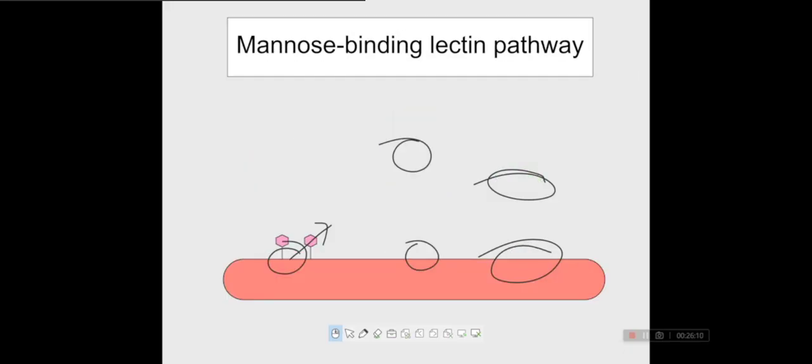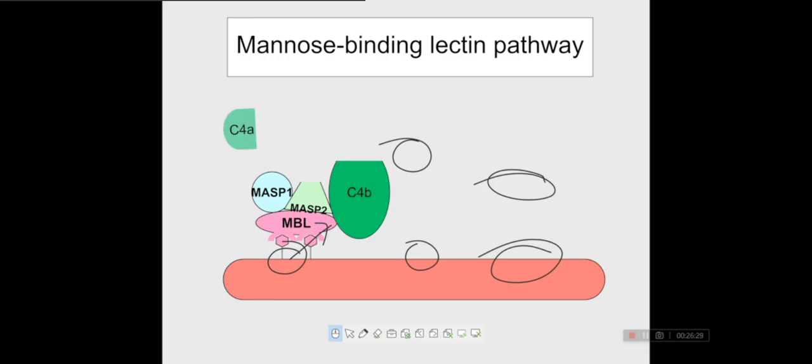Now the mannose binding lectin pathway. First, mannose binding lectin will be present, right? They activate MASP1 and MASP2. After that, C4 protein will be activated and converted into C4a and C4b.